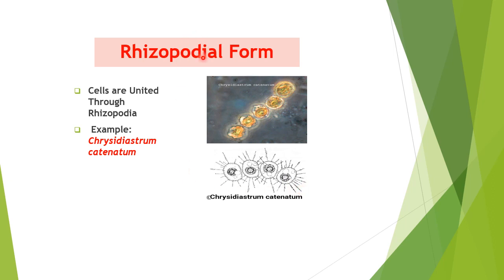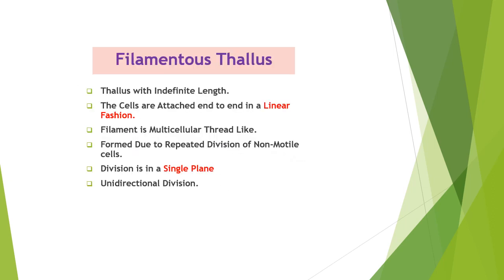We call them rhizopodial forms. An example is Chrysidiastrum, whose structure appears like this, but they are connected by means of plasmodesmatic connections. Now this was about the simple single cells, whether motile or non-motile.